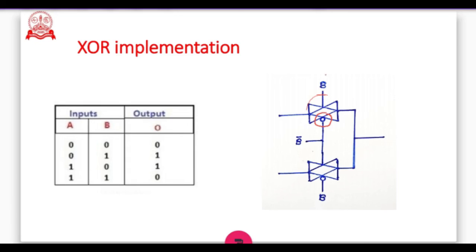When B is 1 and A is 0, we get output 1, and when B is 1 and A is 1, we get output 0. That means we are passing A bar. When B is 0, that is, B bar is connected to NMOS on this line, and A is 0, we get output 0. When B is 0 and A is 1, we get output 1. So that means we are passing A.